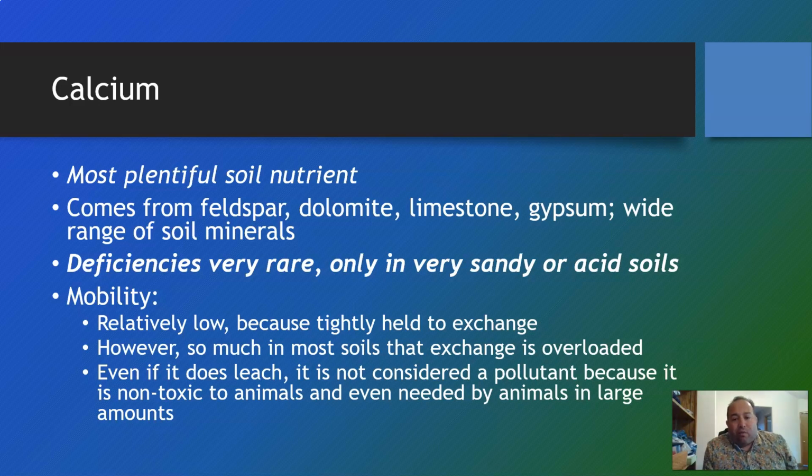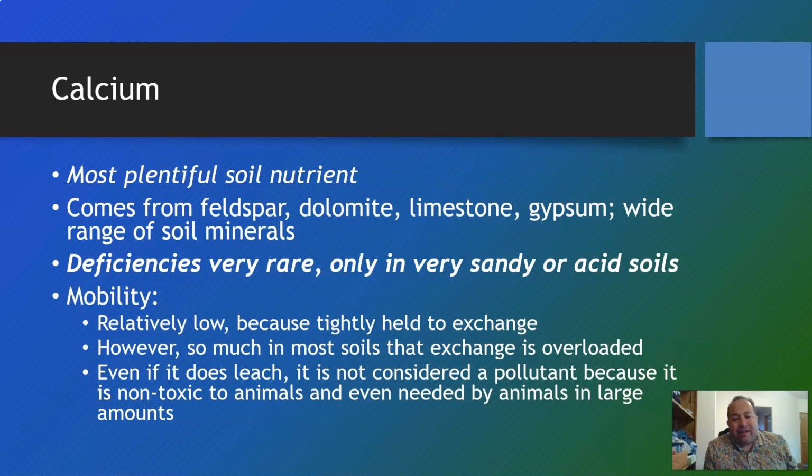Deficiencies in calcium are rare, usually only in very sandy or acidic soils, but it can happen. Calcium's mobility is relatively low because it's tightly held on the exchange. Sometimes the exchange gets overloaded.